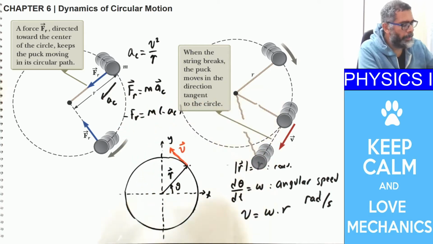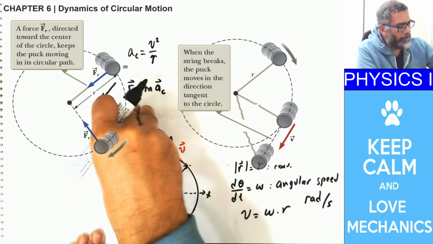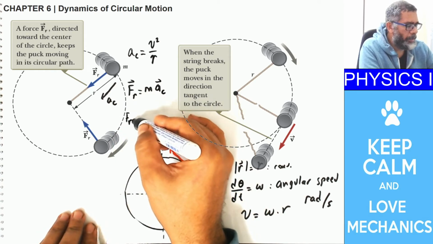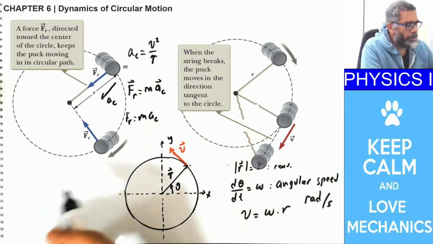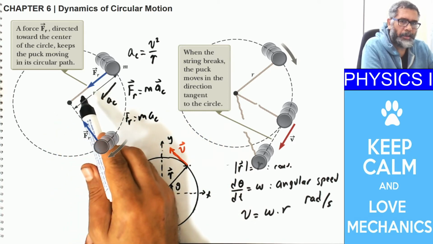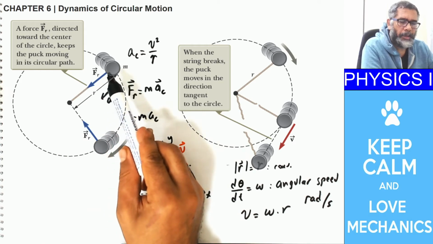So eventually, the component equation of Newton's second law is going to be F_r = m times A_C. Sometimes in some textbooks, for this special motion of the puck, the force is provided by the tension of the string.